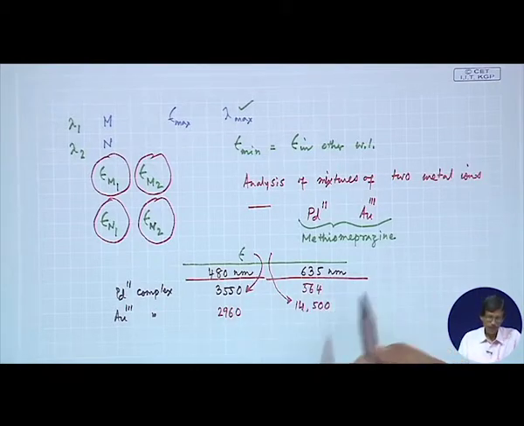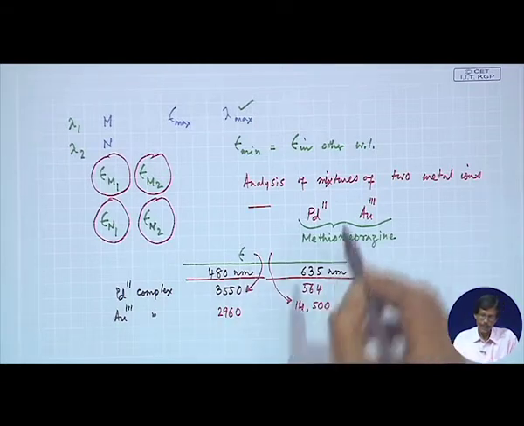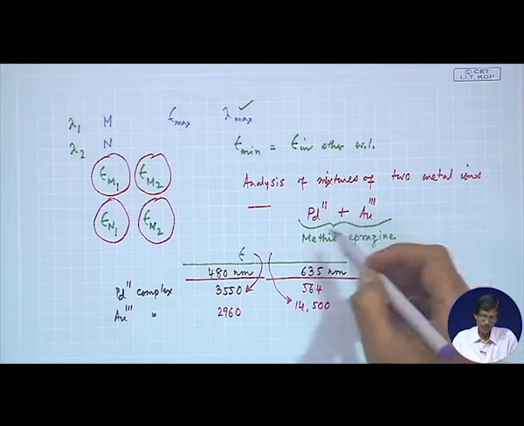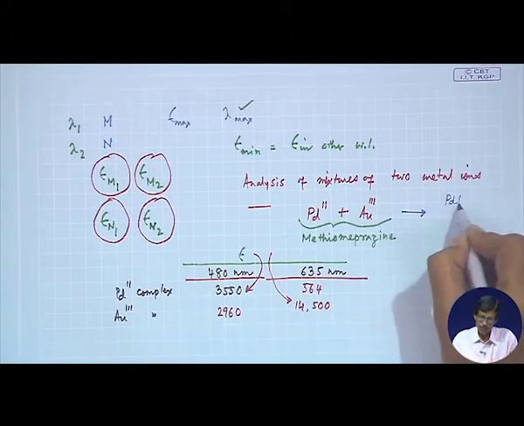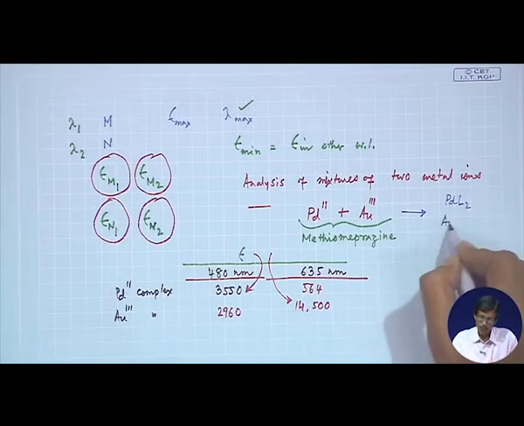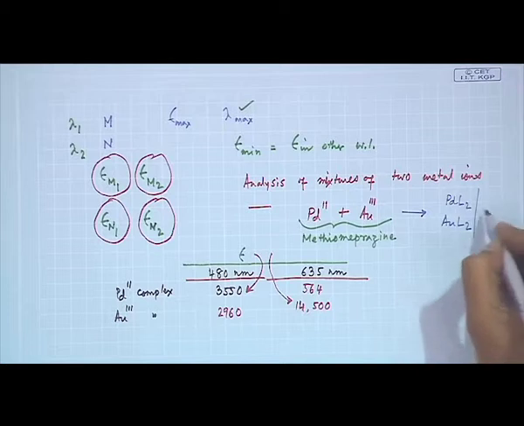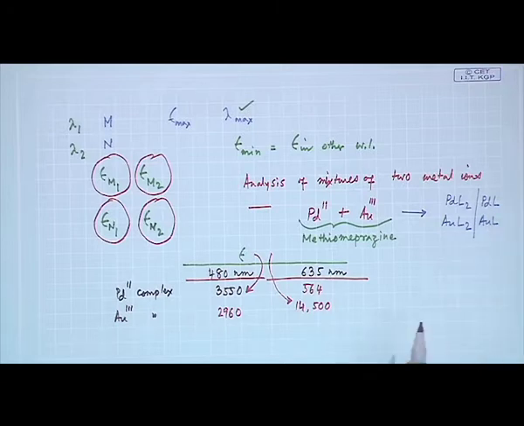Okay. So, these 4 quantities are very much essential. Then we can have the mixture of these two, reacting with this reagent, giving rise to the complexes PdL2 and gold L2, say. It can be PdL or gold L also if it is a tetradentate one.